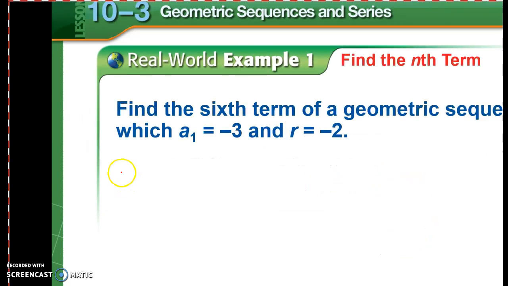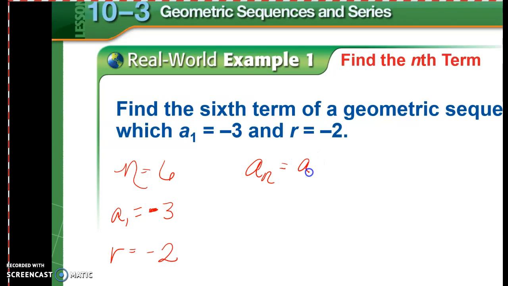So I'm wanting the sixth term. So when n is 6, we know a1 is -3 and our r is -2. And they want to know what is the sixth term of this geometric sequence. So here's our equation again. I'm going to put in the multiplication there to remind ourselves that that's multiplication.